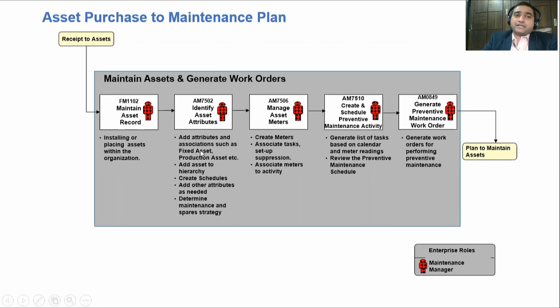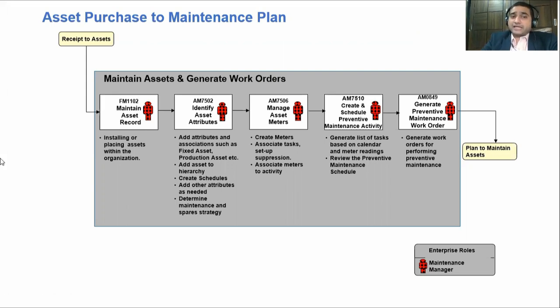You will add attributes like whether it is a fixed asset or a production asset. The production asset means any production machine, or the fixed asset is something like a water cooler required on the shop floor. So these are various types of assets, where you will categorize that.